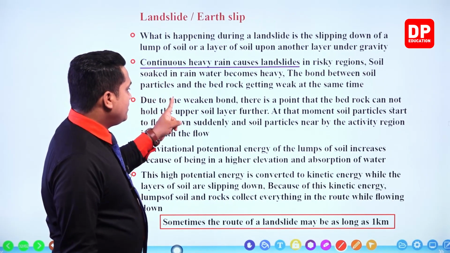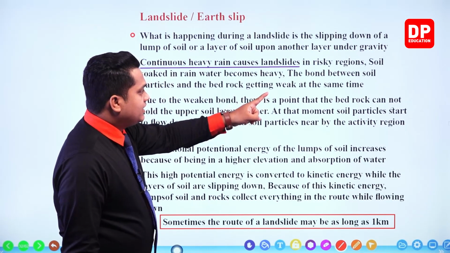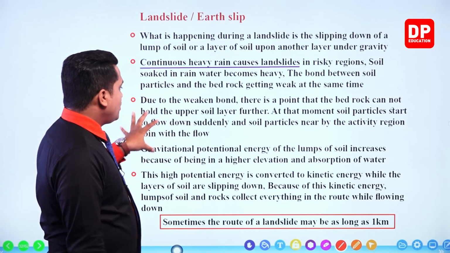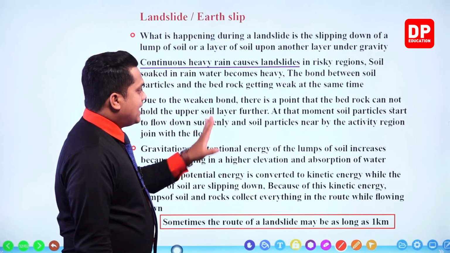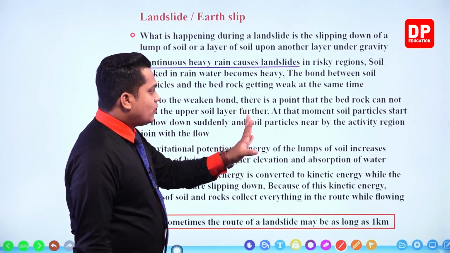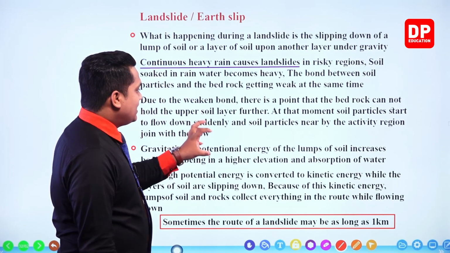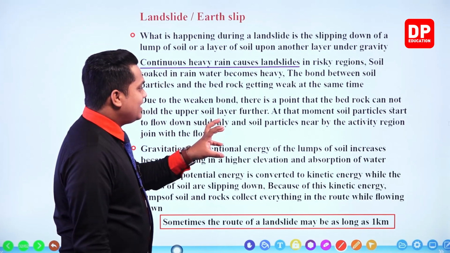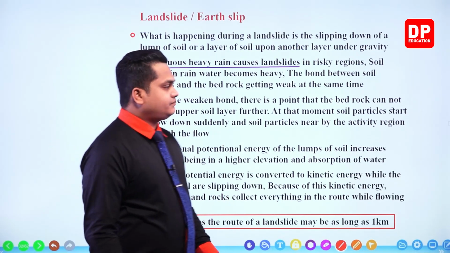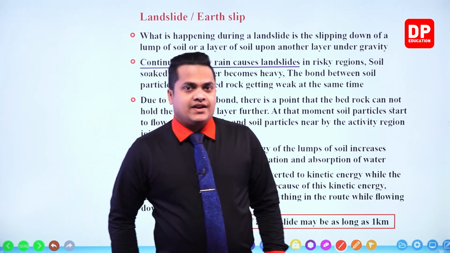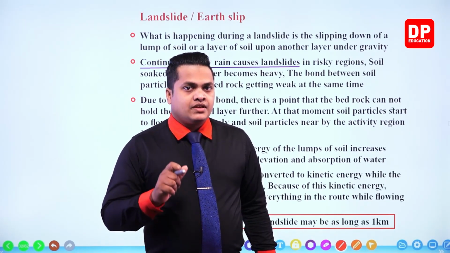Due to the weakened bond, there is a point at which the bedrock cannot hold the upper soil layer any further. At that moment, soil particles start to flow down suddenly, and soil particles near the activity region join the flow. So it's obvious to us that at a certain moment, my dear children, what will happen?